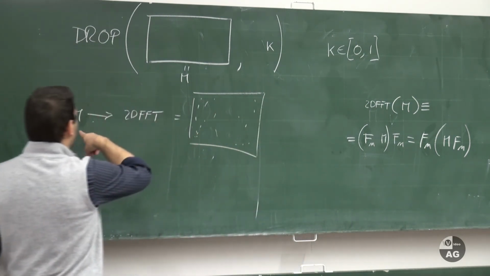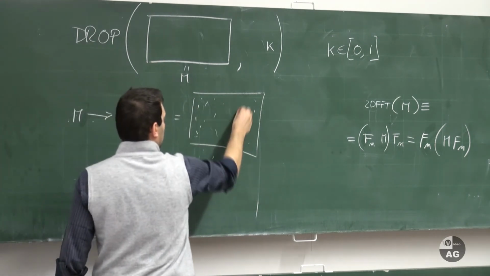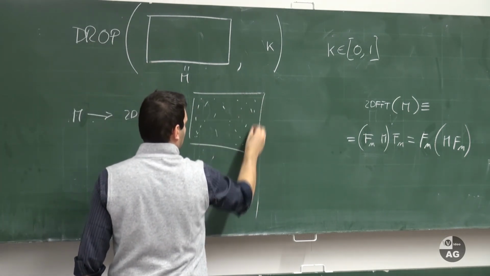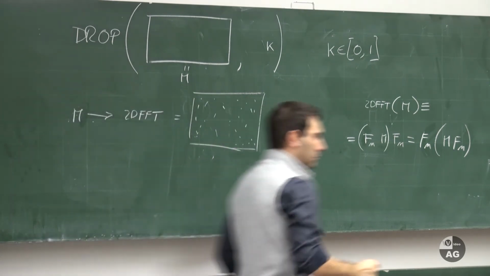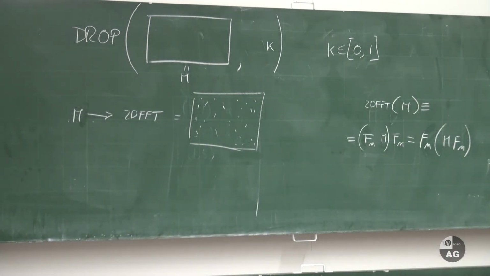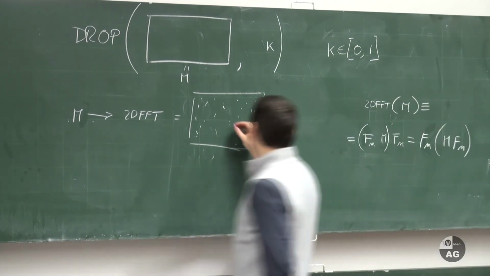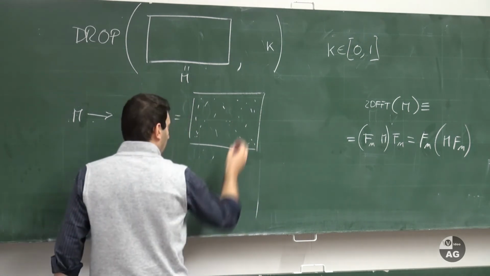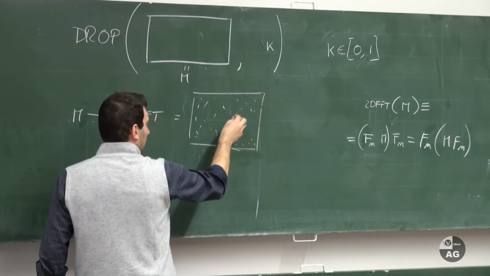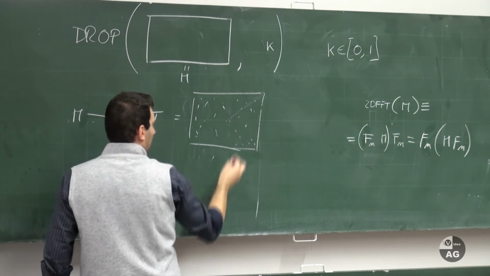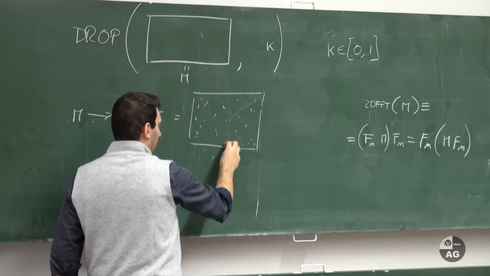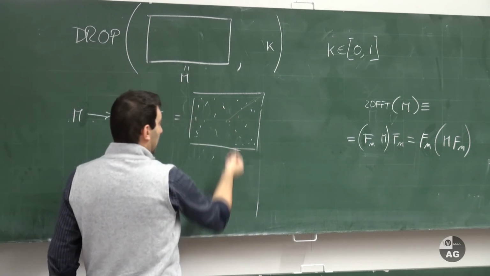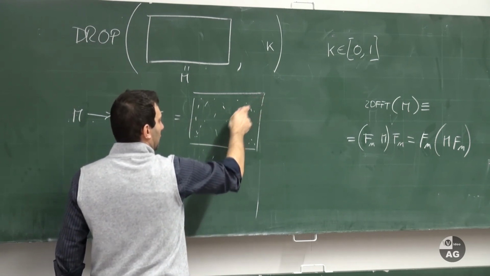Okay, so you start from your image, you go to the frequency domain. Then you have your number between 0 and 1, and that number tells you, along this diagonal, or actually any other axis, it doesn't matter, where you are.